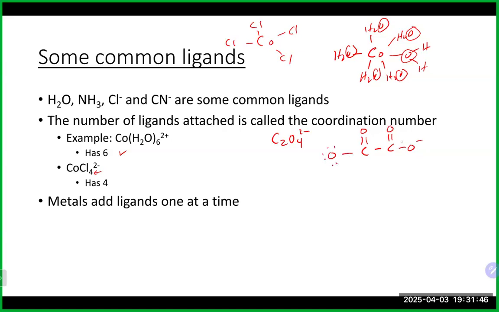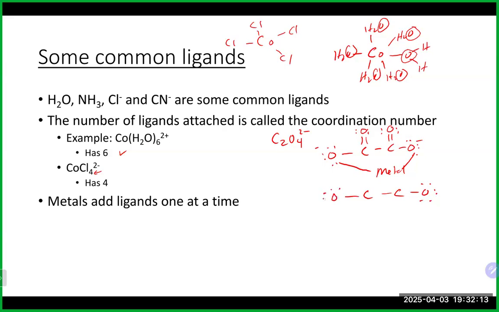I'm going to put the electrons on like I'm in chemistry class, and put a minus there. One molecule of oxalate, if you had a metal there, could attach in 2 places through each of those single-bonded oxygens to the metal.